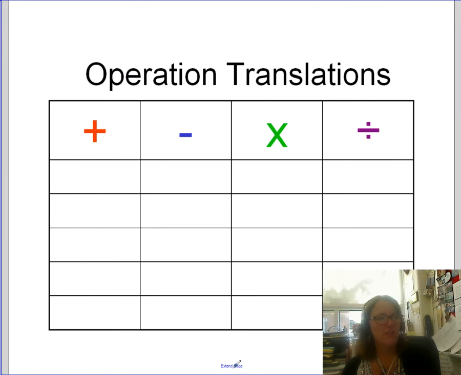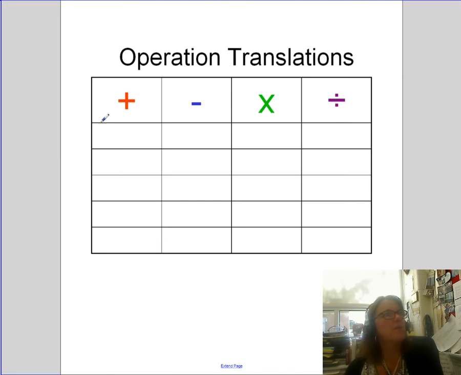You should have a chart in your notes next. I want to come up with some of these words that stand for these operations to get you tuned in and thinking this way. If you just see that sign, you're probably thinking plus, add, or addition, or any form of that word. We just said more than or greater than, so that can go in there.